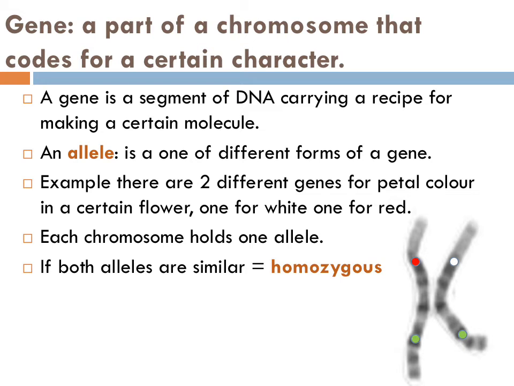And the code on this chromosome on the right side is also the same as the code on the left chromosome. So if an organism has two alleles and these two alleles have exactly the same information for making the same characteristic, then we say that this is a homozygous organism for this characteristic.